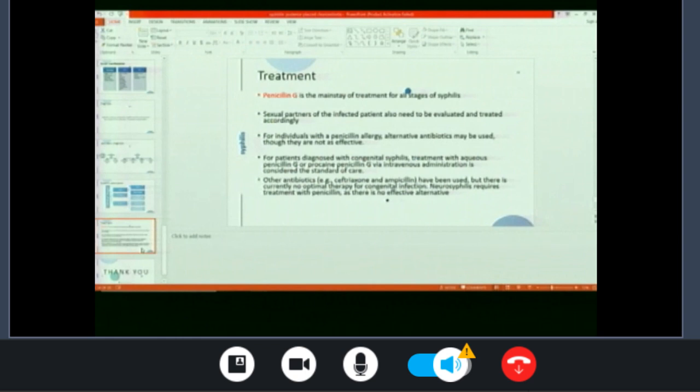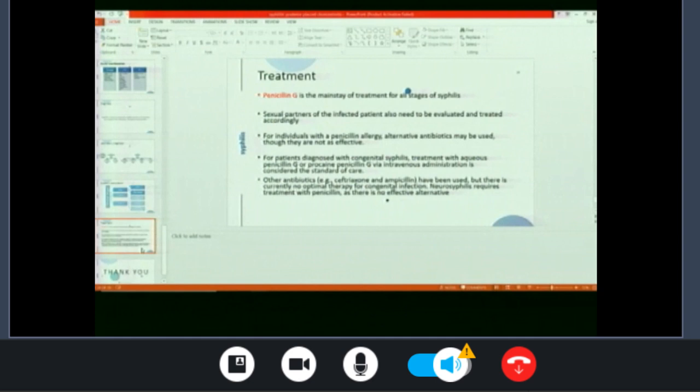The treatment of the first stage is not the same as the second or tertiary stage, right? So how do you treat it when it is ocular? It is treated as if it is neurosyphilis. Good. Does anyone have any questions?